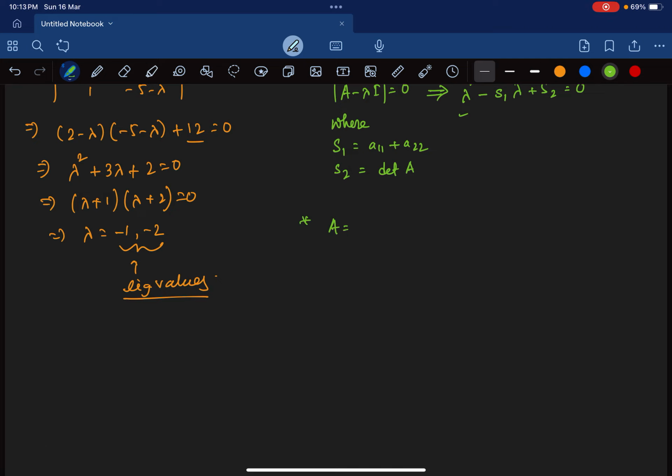If the matrix is of the form, suppose A is equal to A11, A12, A13, A21, A22, A23, A31, A32, A33.